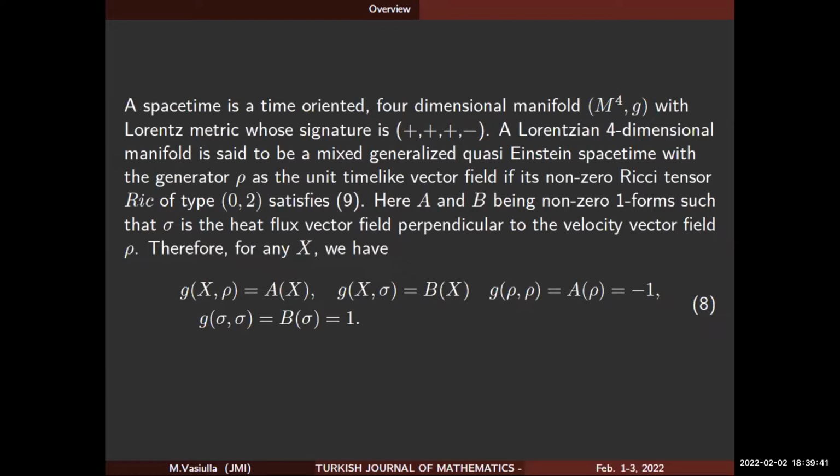If rho is the time-like unit vector, then we say that the mixed generalized quasi-Einstein manifold is a mixed generalized quasi-Einstein space-time. And A and B are two non-zero one-forms such that sigma is the heat flux vector field perpendicular to the velocity vector field rho. Therefore, for any X, we have equation number 8.